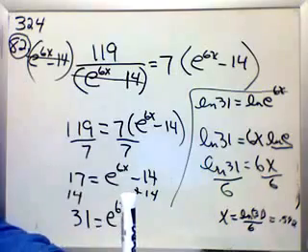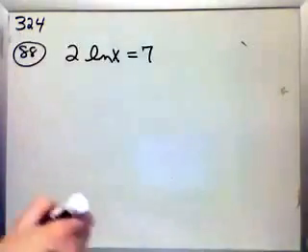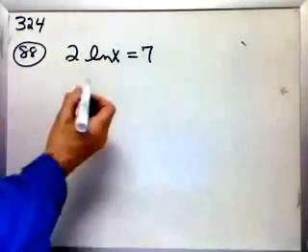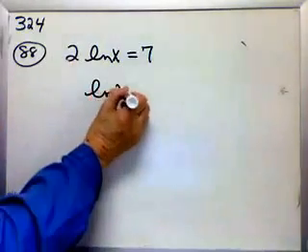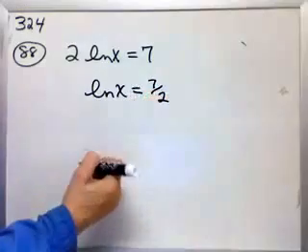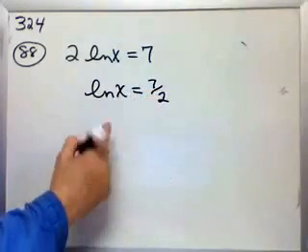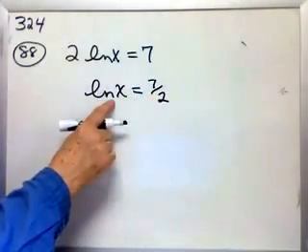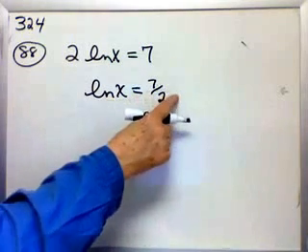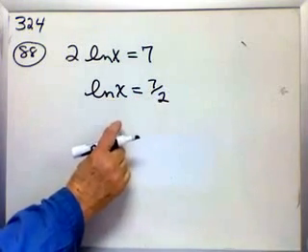I'll do one more. This one's quite easy. First of all, I can divide both sides by 2. So now I can write ln x equals 7 over 2. And then I can write this in exponent form because the understood base for a natural log is e. So base to the exponent. Remember, logs are always equal to the exponent.